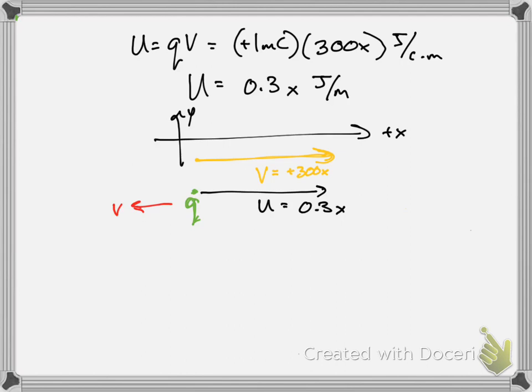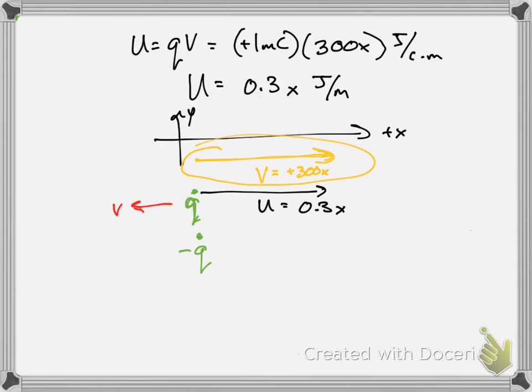But what if I take instead a minus Q? What if I took a point charge minus Q, and now what is the potential energy of that point charge? Again, remember, we're just in a region of space where the potential increases as 300x. It has nothing to do with these test charges.